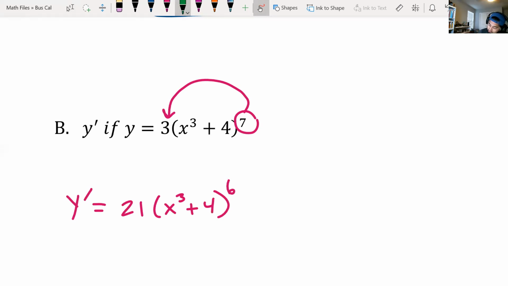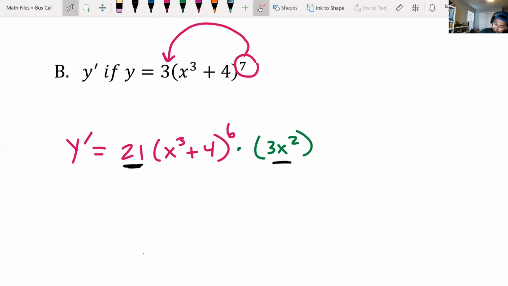Then we multiply it by the derivative of the inside. What's the derivative of the inside? 3x squared. That's chain rule. And now just do 21 times 3x squared. 63x squared. That's it. Times x cubed plus 4 to the 6th.